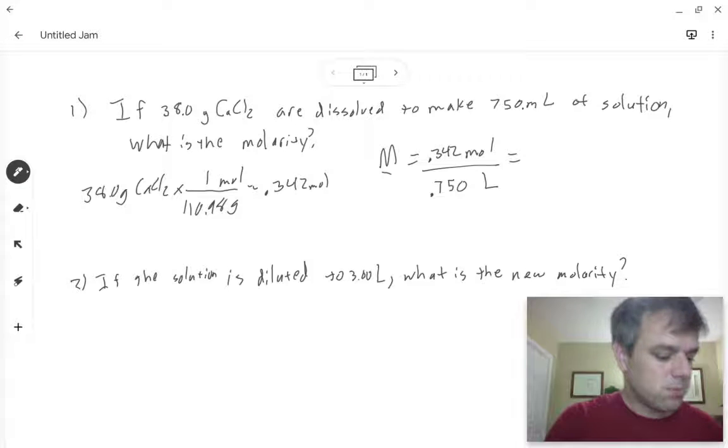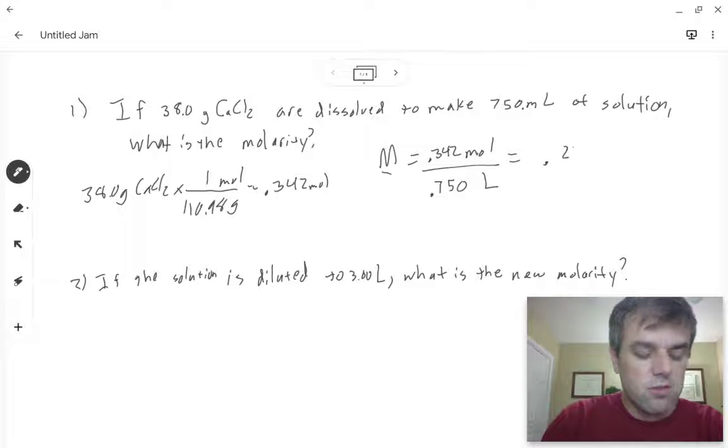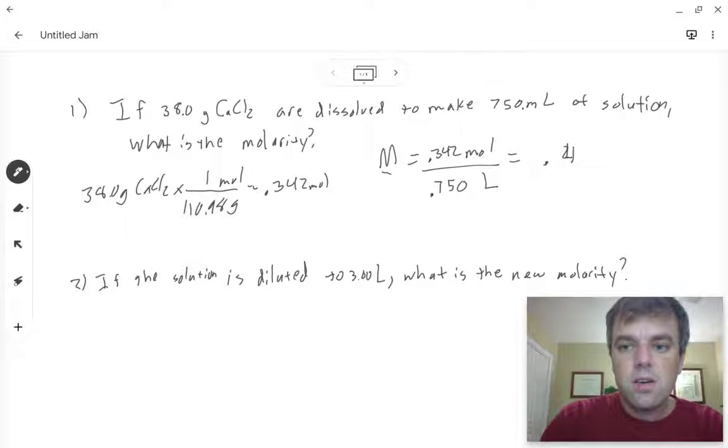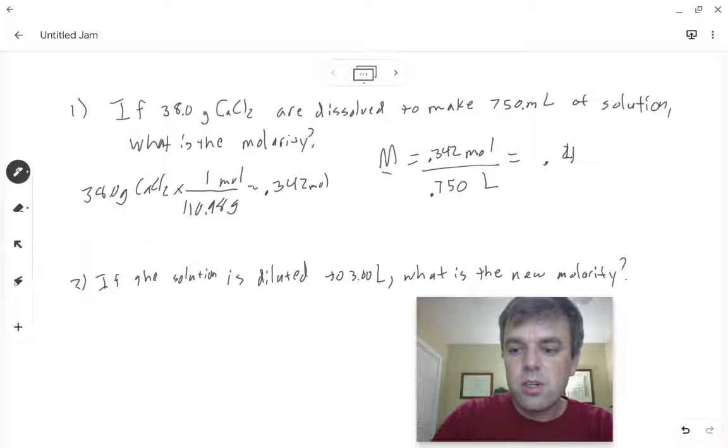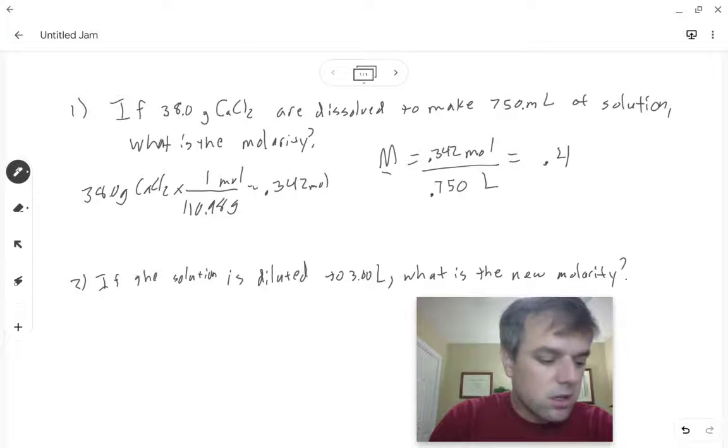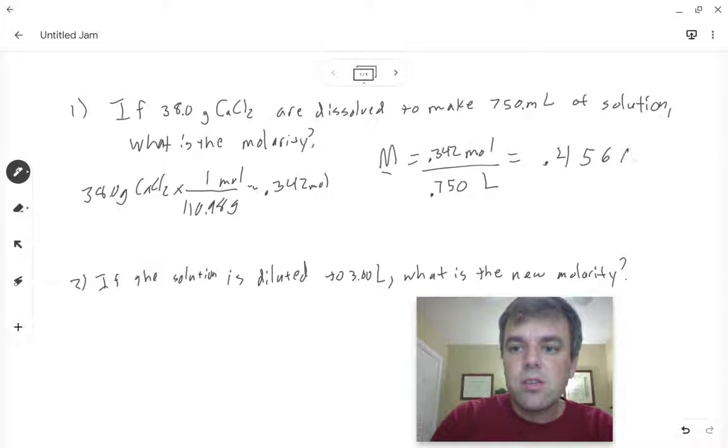And so we take 0.342 moles divided by 0.750 liters, and I'm getting 0.456 molarity.